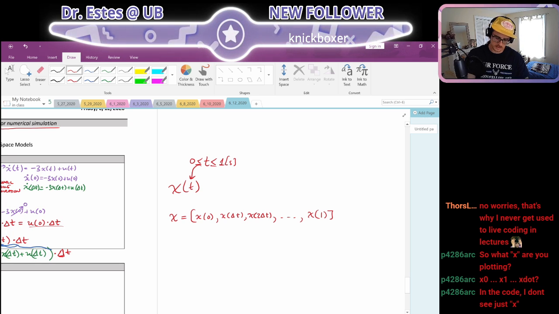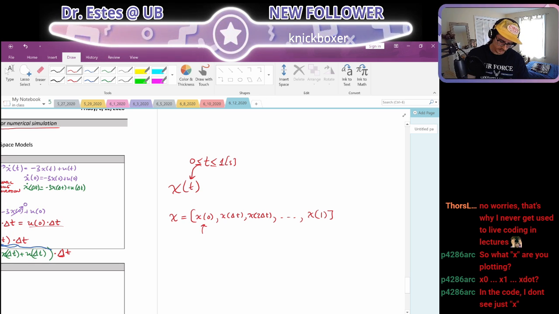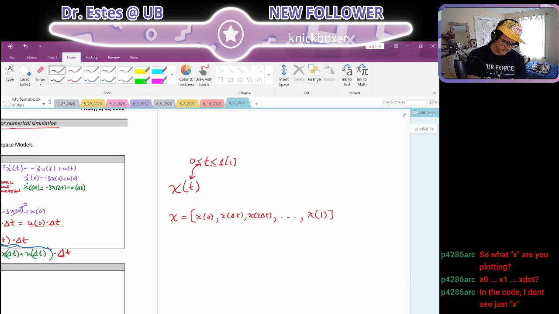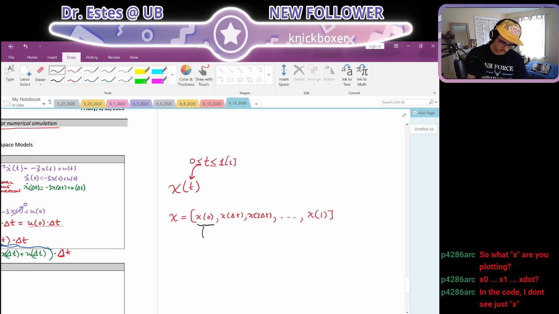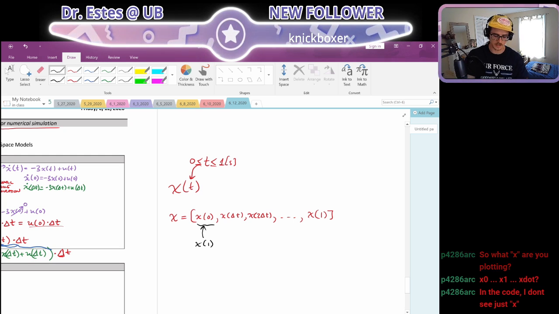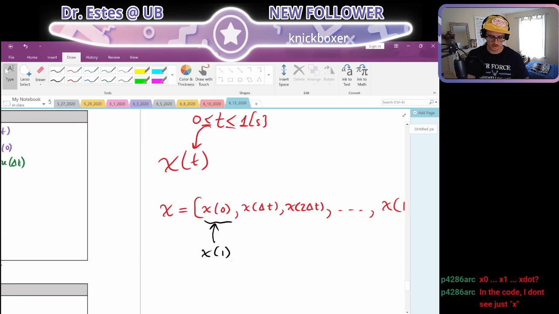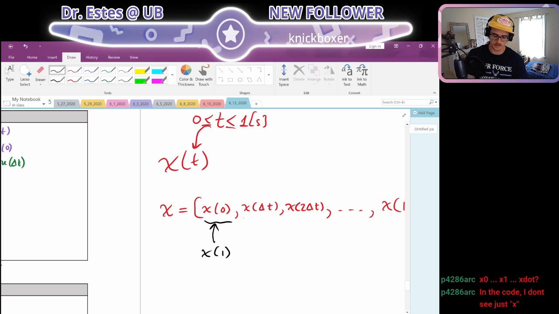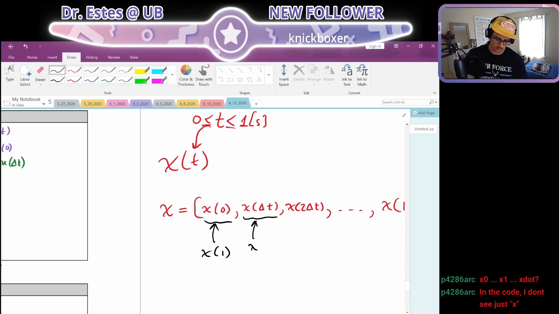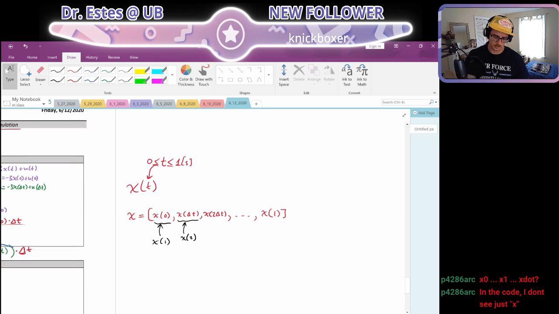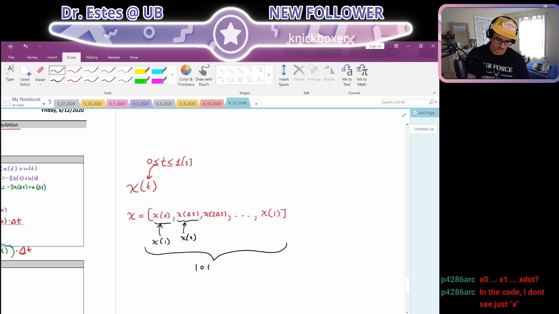And this first element of this vector, in my code, I call it x1, just like for the first index. So if you see x1, it's the first index of x, and it means the initial x value at time is 0. And this one would be at index 2. And then we saw that the length of the whole thing was 101 elements.